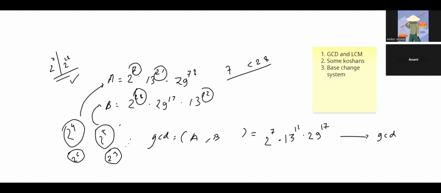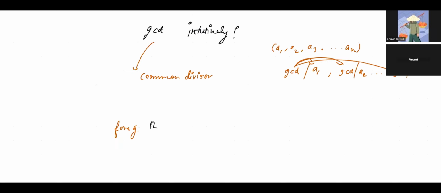That's a good approach. So if we take an example of 12, we can say that 1 divides 12, 2 divides 12, 3 divides 12, 4 divides 12, and 6 divides 12.